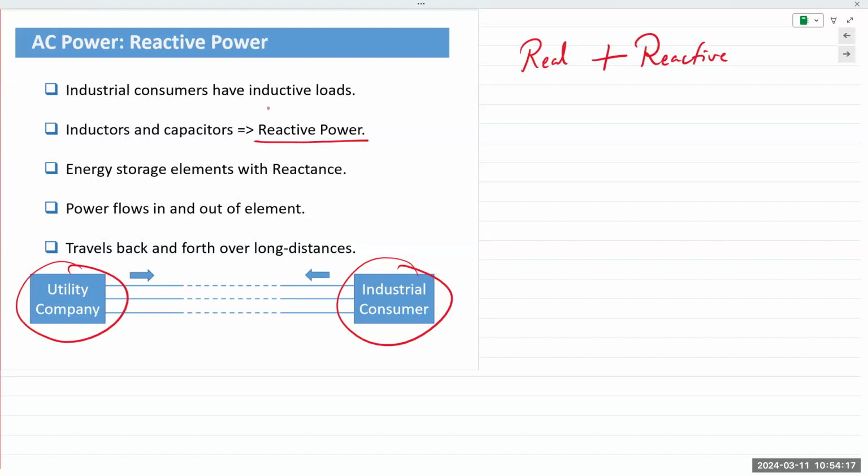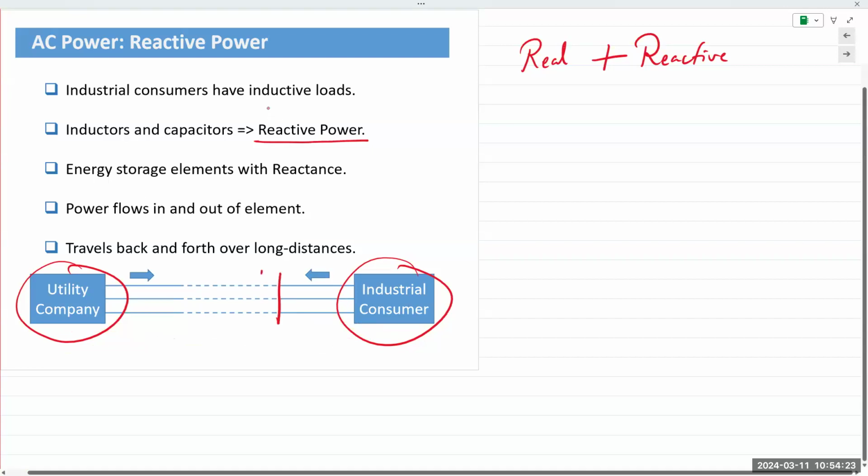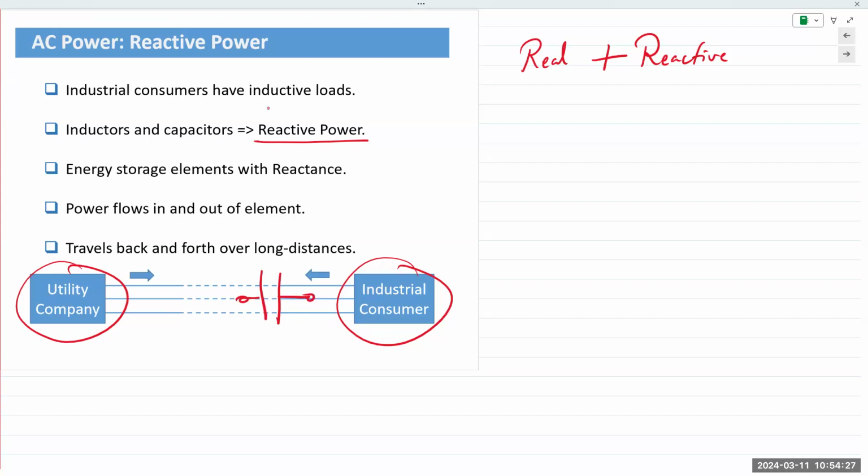So instead of traveling all the way long distance back and forth, you simply place a capacitor in front, and the power is now bouncing locally within that load itself. And this process of installing a capacitor or a bank of capacitors in front is known as power factor correction.